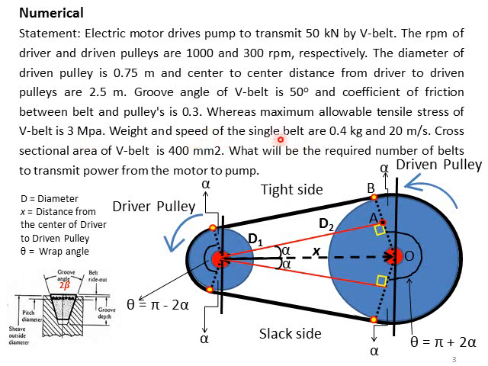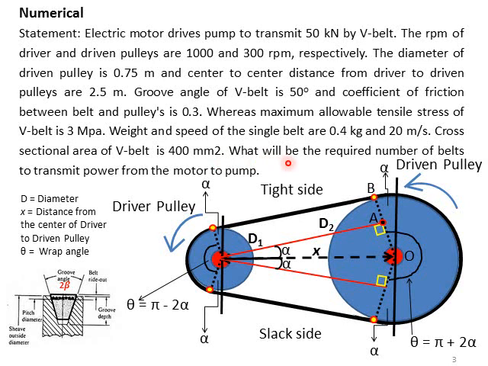Weight and speed of single V-belt are 0.4 kg and 20 meter per second. Means the V-belt as a whole, if we measure the weight of V-belt, it will be about 0.4 kg, and this V-belt is running over both the pulleys at the speed of 20 meter per second. The cross sectional area of V-belt is 400 millimeter square.